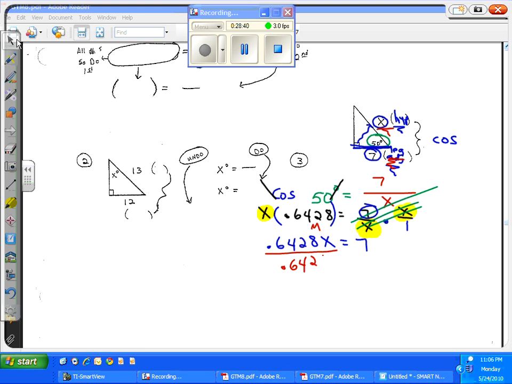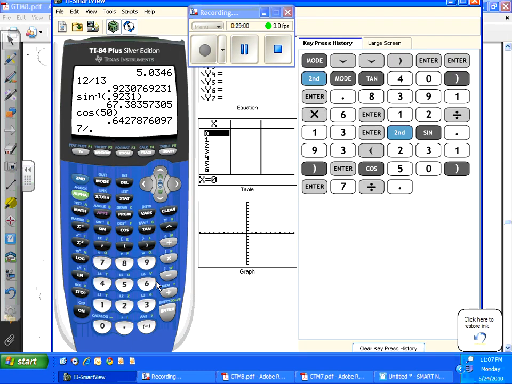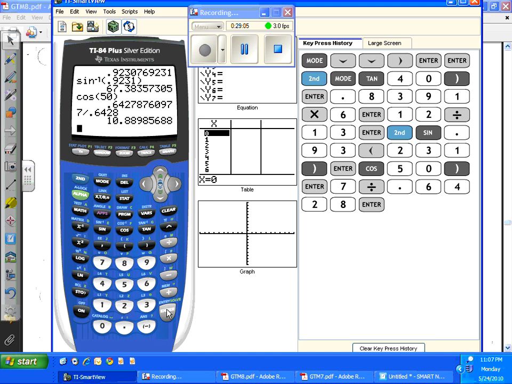So we divide by 0.6428. And so you get x is equal to 7 divided by 0.6428. And we get 10 point. If we round, that's going to round up to a 9, 10.89.